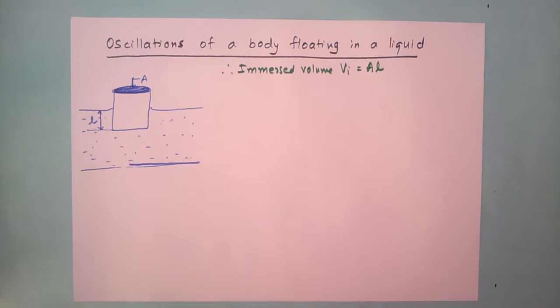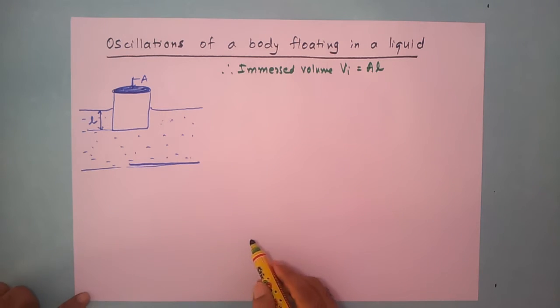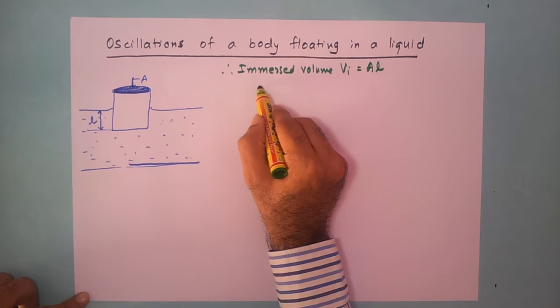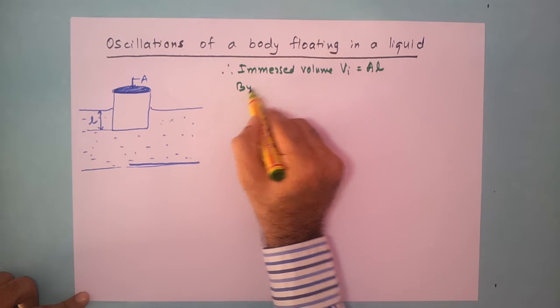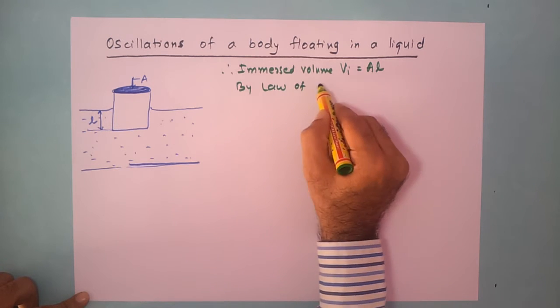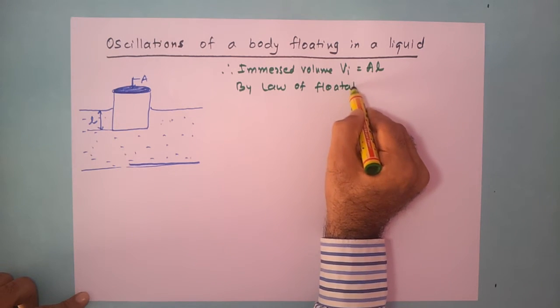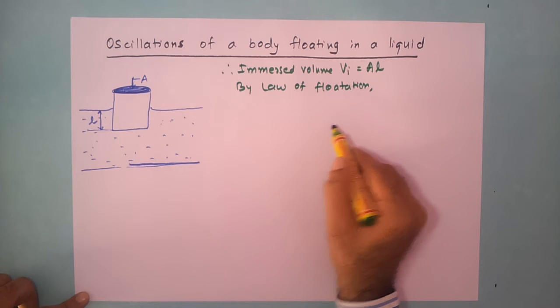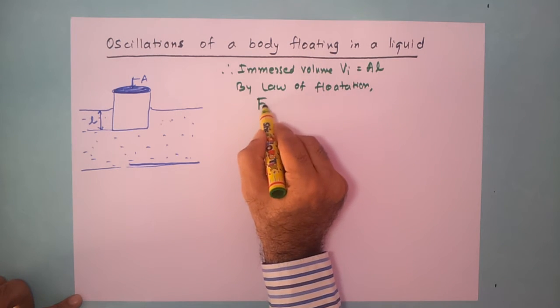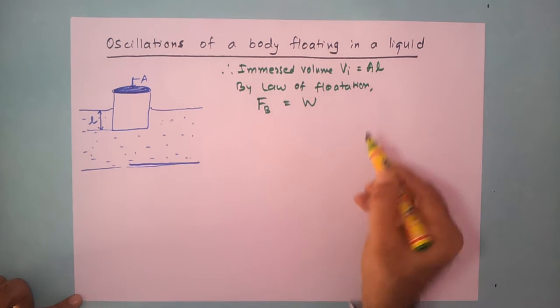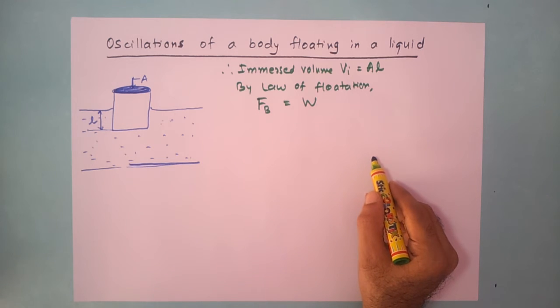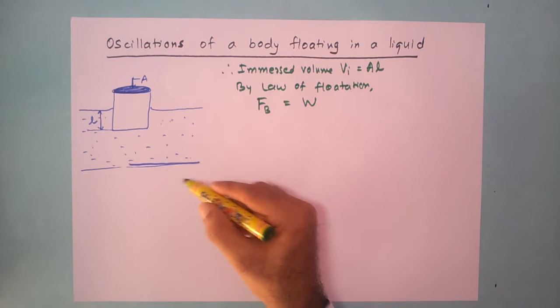Now, we know that when an object is freely floating inside a liquid, by law of flotation, for a freely floating body, the upthrust Fb is equal to the weight of the object. These two forces are equal and opposite.